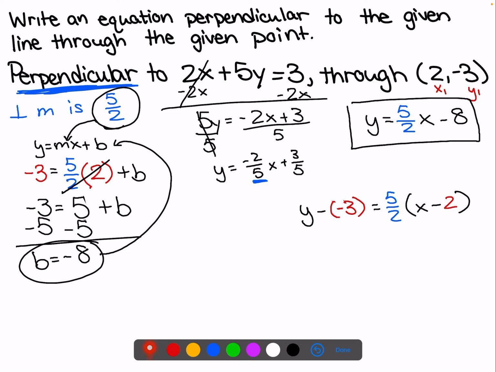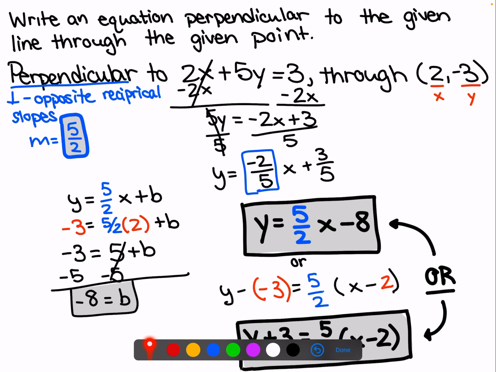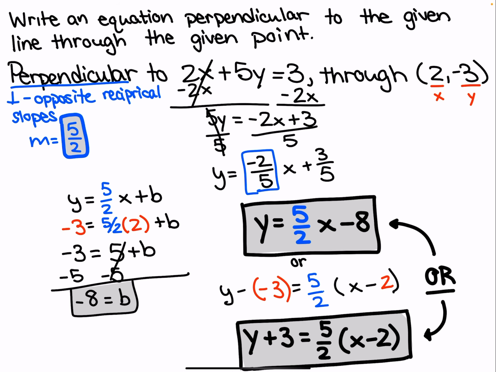And from here, we need to simplify if we see those double negatives. So this will give us y plus 3 is equal to 5/2 times x minus 2. And again, these are the equations that we want to have as our final answers. Here's the work once again so that you guys can see it a little bit easier as well.